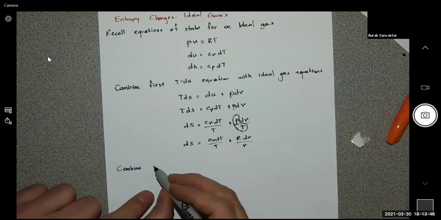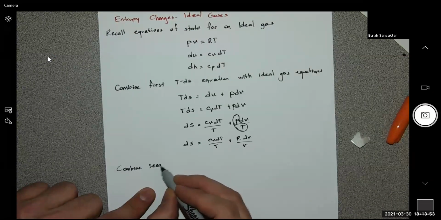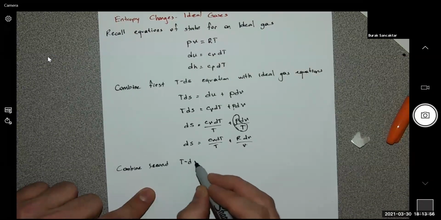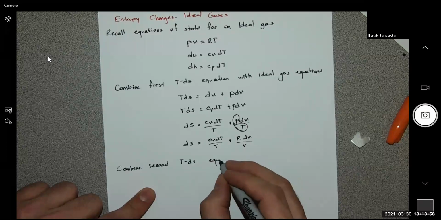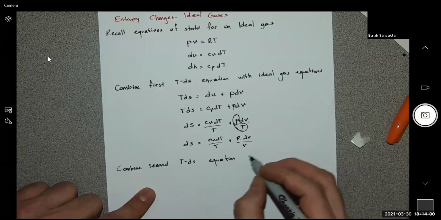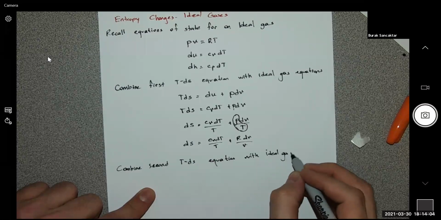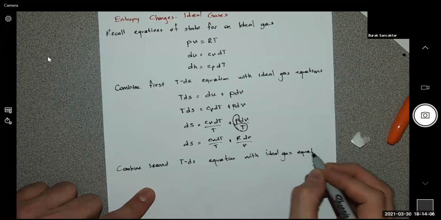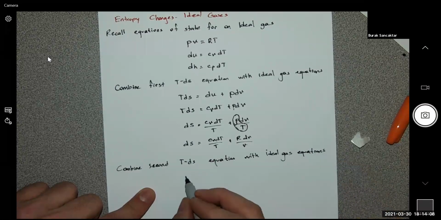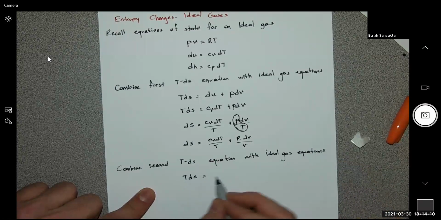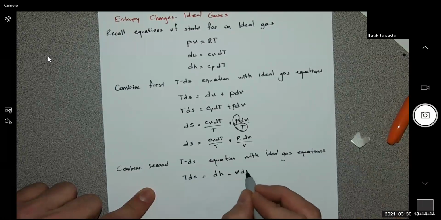Now combine the second TdS equation with ideal gas equations. TdS equals dH minus VdP.